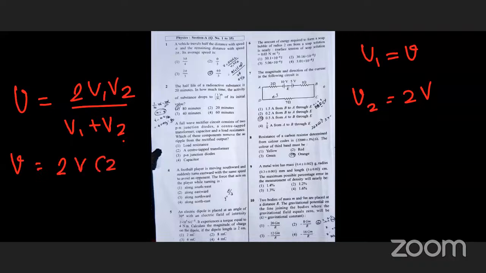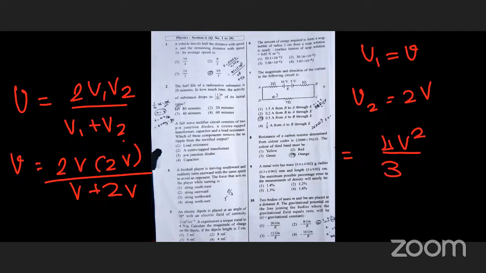Applying the formula, we know the v1 value, the first velocity v. Initially the object is moving with a velocity v for half of the distance, and for the second half of the distance the object is moving with a velocity v2, which is 2v. Applying this formula, the average velocity is equal to 2 into v into 2v divided by v plus 2v, which is equal to 4v square by 3v.